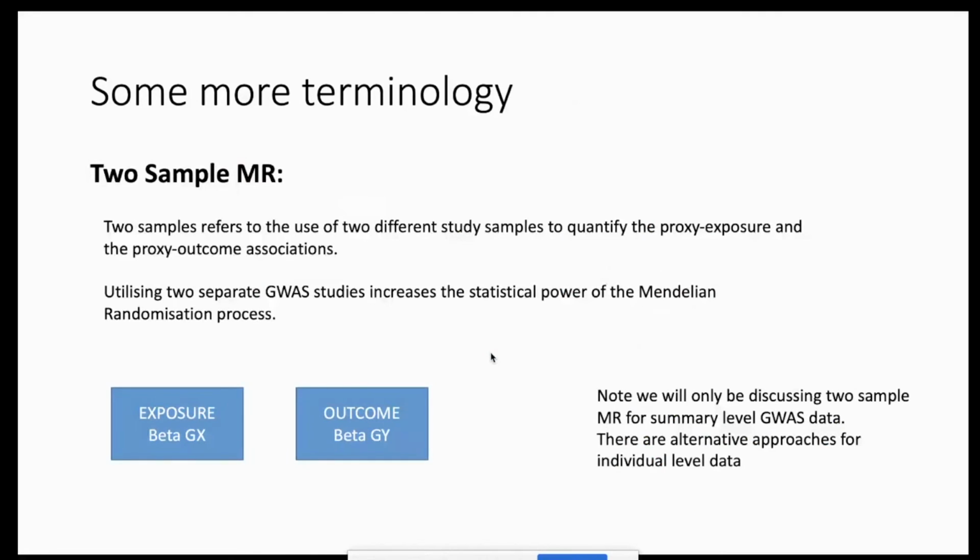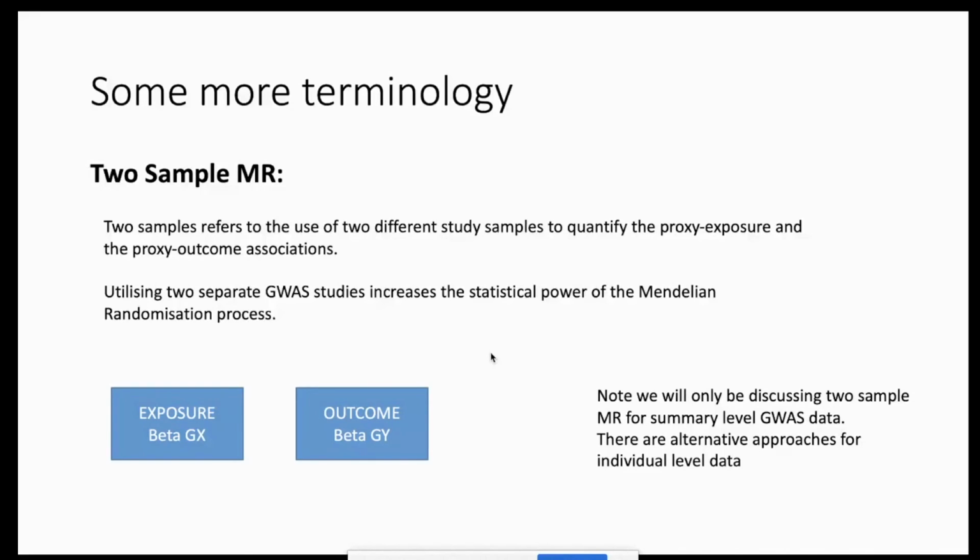And then there's a couple more terms that I'd like to explain. So oftentimes in studies, you might see the concept of two-sample Mendelian randomization. And this refers to the fact that the exposure and the outcome come from two different genome-wide association studies with no overlapping populations. And the benefit of this is that you get increased statistical power because there's a lot more individuals being included.